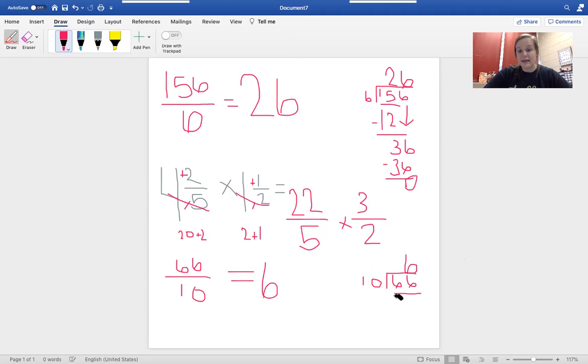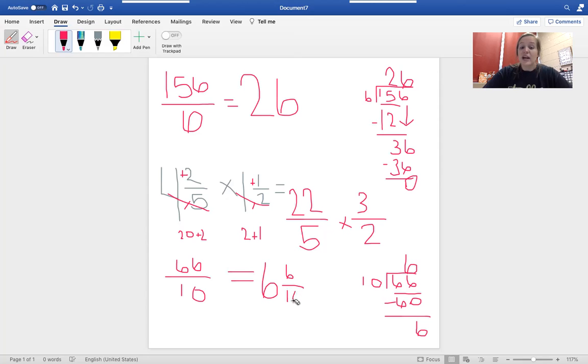And then 6 times 10 is 60. So I subtract 66 minus 60, and I know that that equals 6. So 6 is going to be my numerator. And what is my denominator going to be? 10, right? You can look at that by finding your divisor, or you know that your first denominator was 10.